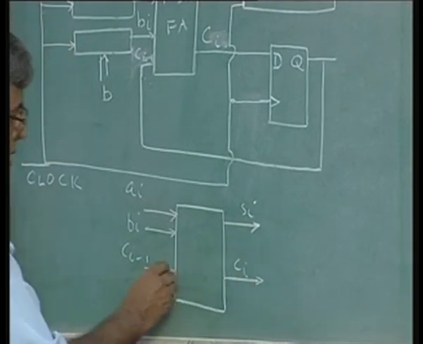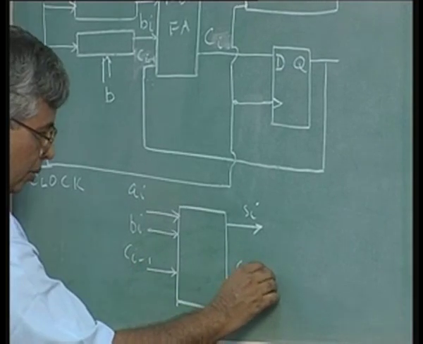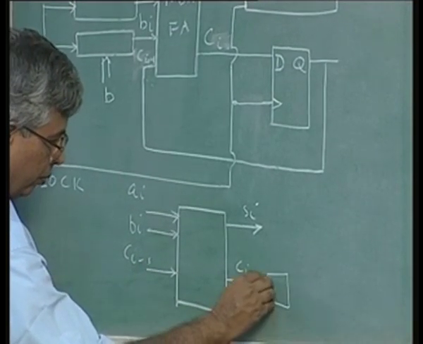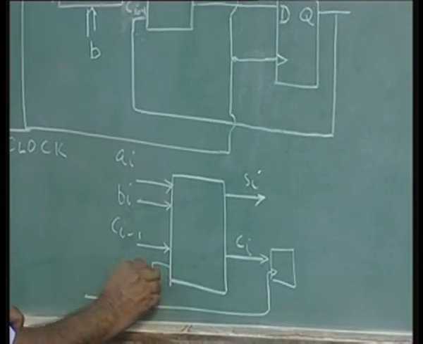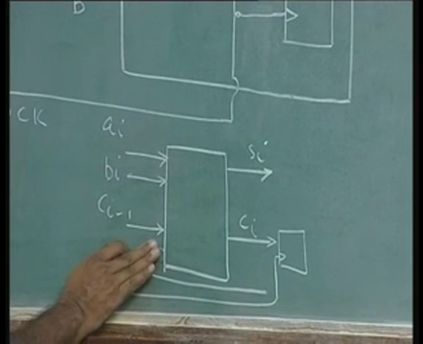So, there is one state variable input which is again delayed by a flip flop.